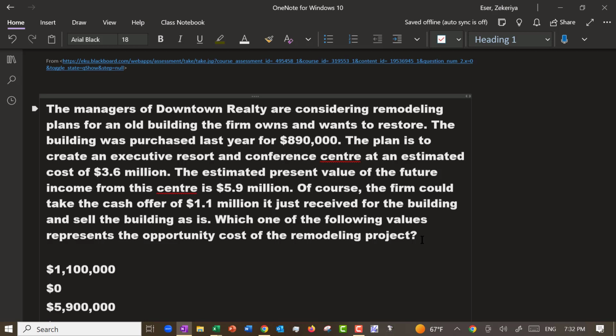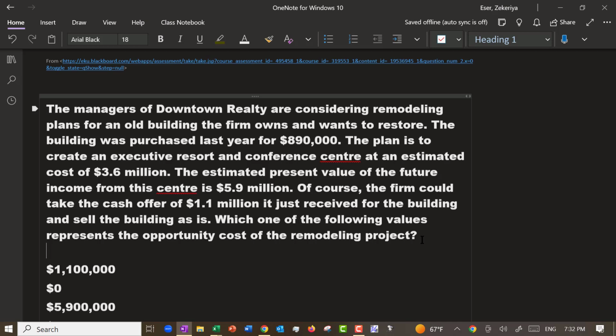Plan is to create an executive resort and conference center at an estimated cost of 3.6 million. Estimated PV of future income from the center is 5.9. Of course, firm could take the cash offer of 1.1 million it just received for the building. Which one of the following values represents the opportunity cost of remodeling the project?